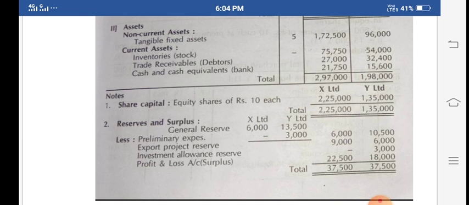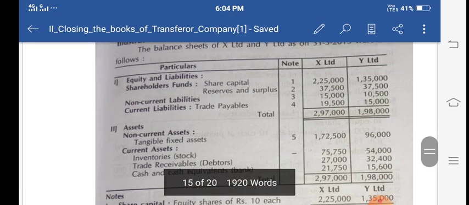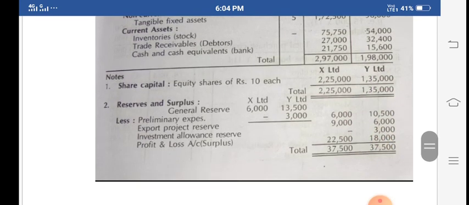Next, how is the reserve and surplus calculated? In the balance sheet, reserve and surplus, note number 2, is 37,500 for X Limited, and for Y Limited it is also 37,500. How did it come? The general reserve for X Limited is 6,000 and for Y Limited is 13,500. Less preliminary expenses of 3,500 for Y Limited, the remaining amount is 10,500, which we take as it is.